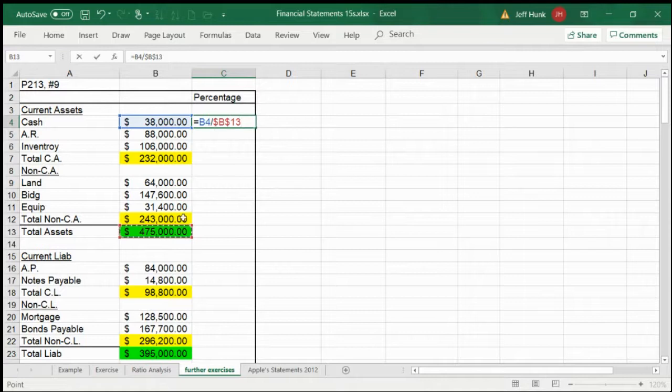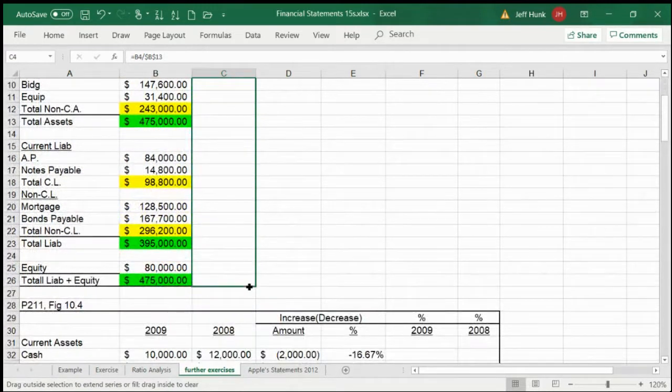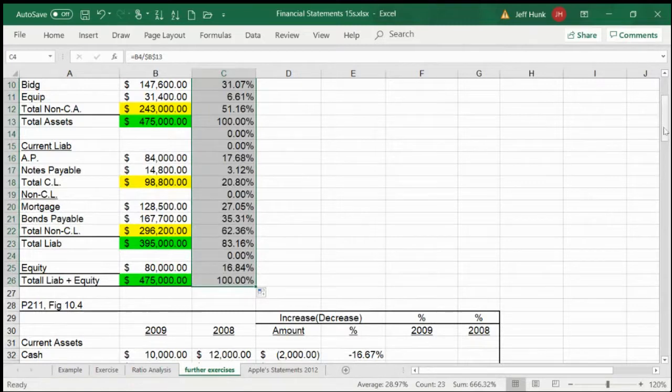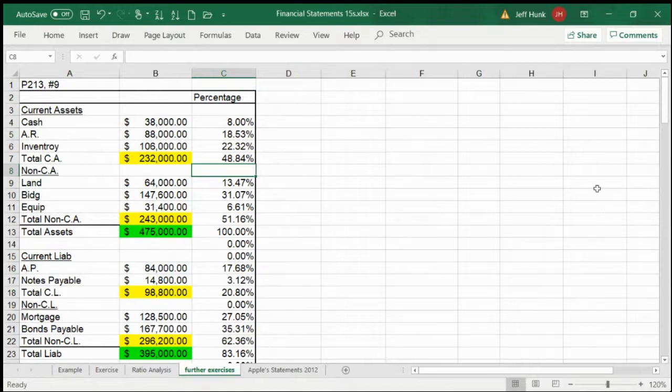So it must be locked at B13. That's why you lock it. And once you do that, I can drag it all the way down. Okay, there you go.